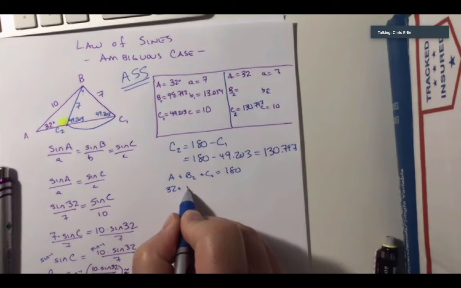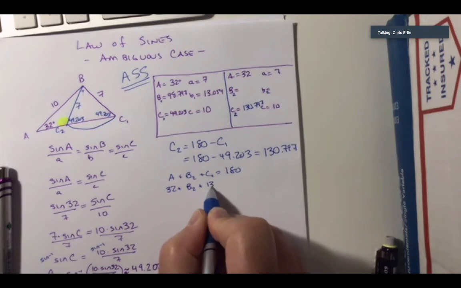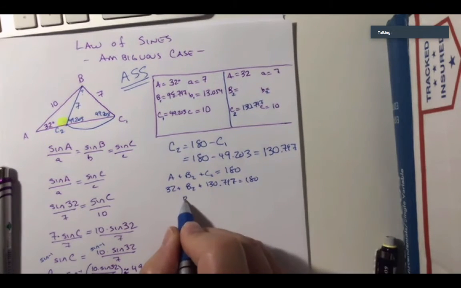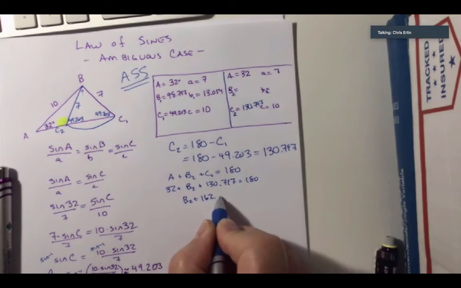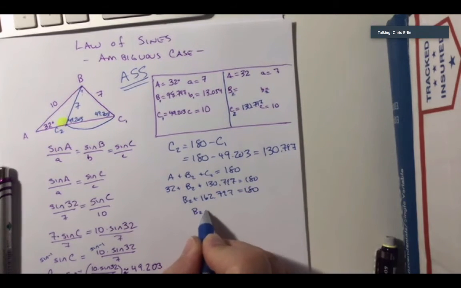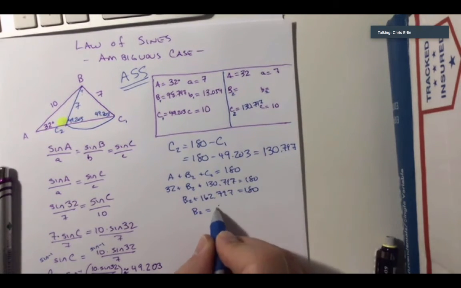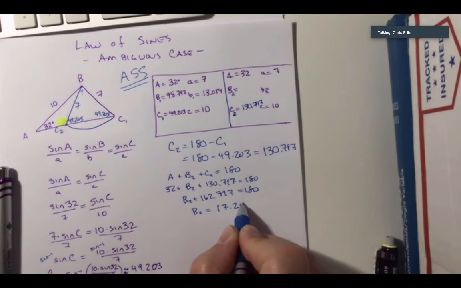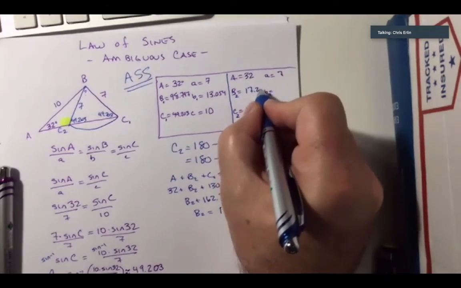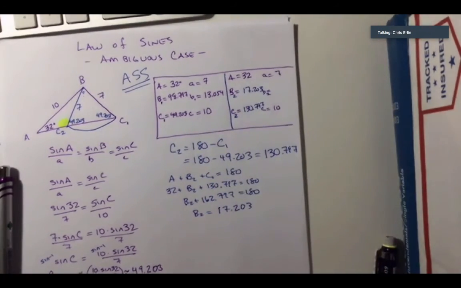So 32 plus B2 plus 130.797 equals 180. So B2 plus 162.797 equals 180. So B2 is equal to, subtracting there, 17.203. So that's the value of B2.